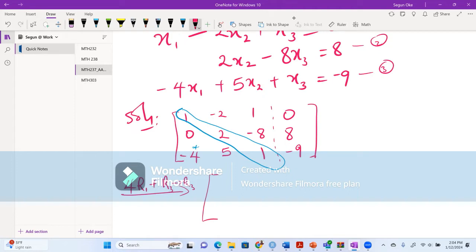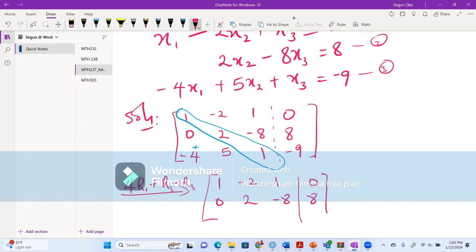So R1 will remain itself: 1, negative 2, 1, 0. R2 will remain itself: 0, 2, negative 8, 8. Then I need it for R3 now.